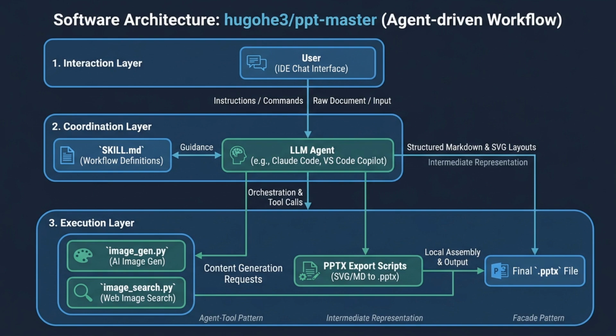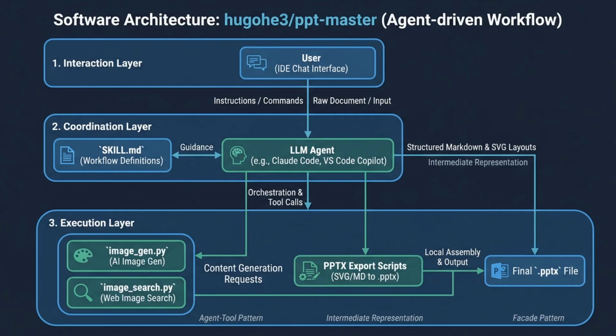A key technical highlight is its SVG to DrawingML conversion pipeline. The process starts with the AI generating the visual layout for each slide as an SVG file. This is a clever choice because language models are great at producing structured text like SVG code. Then, a local Python script acts as a translator.